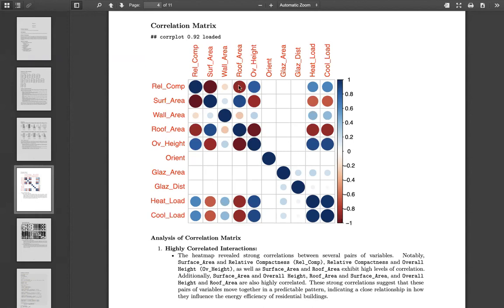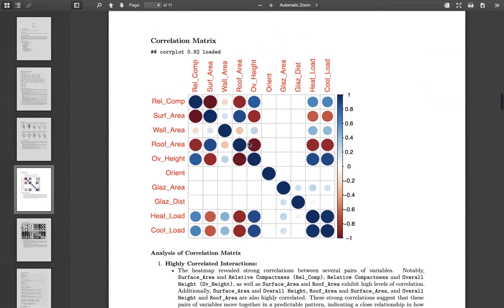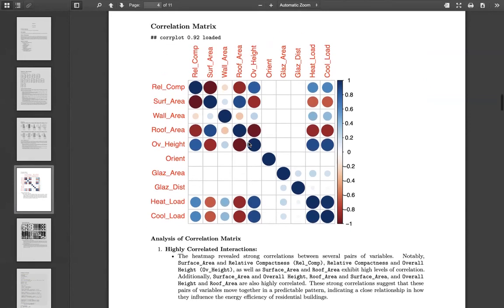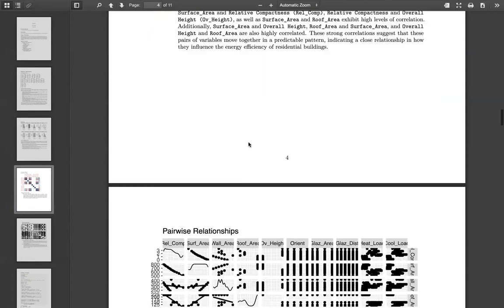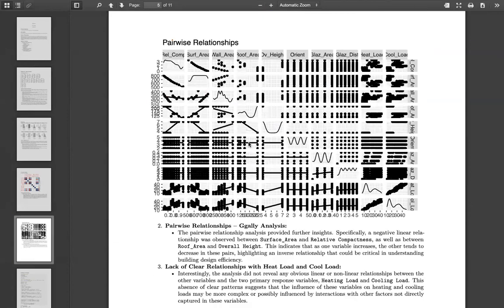Again, with relative compactness and roof area, you see strong negative correlation. With surface area and roof area, you see a strong positive correlation. So there were definitely some interactions between these variables, which led to me deciding to build more models other than just linear regression.